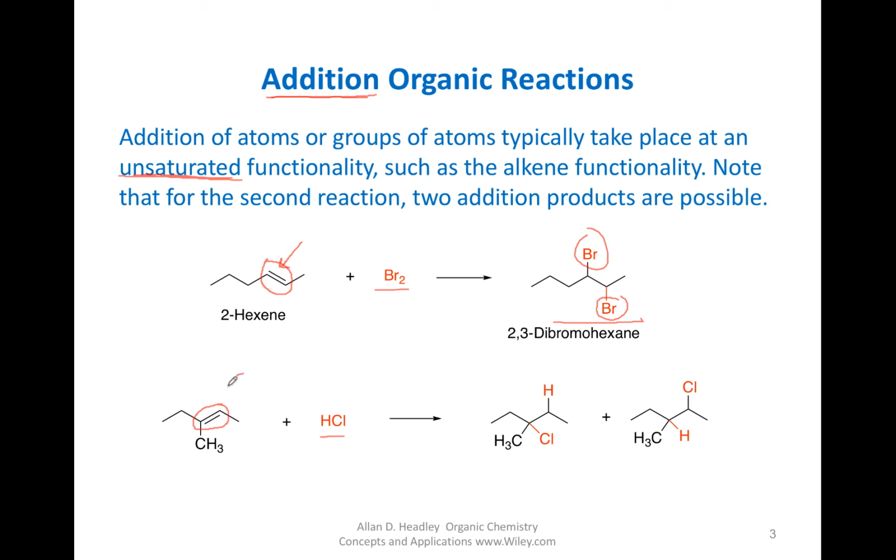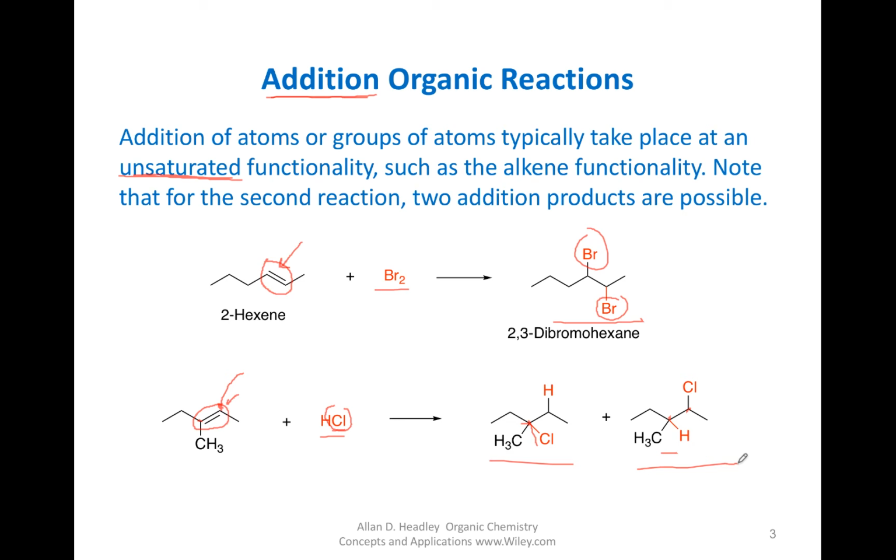You can see here H and Cl can add to give two different products, because H can add to this carbon and Cl adds to this carbon to get this product. Or just imagine the reverse. H can add to this carbon to give this product, and Cl can add to this carbon to give this product over here. So again, what you need to do is to just imagine possibilities.